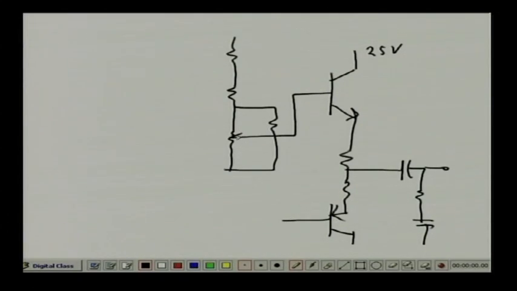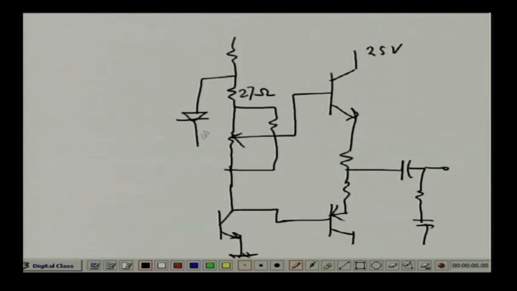This circuit is coming here, and this circuit is coming to the collector, like this one. See, this is used as a thermistor. There is some resistance we can bring here also through a capacitor.